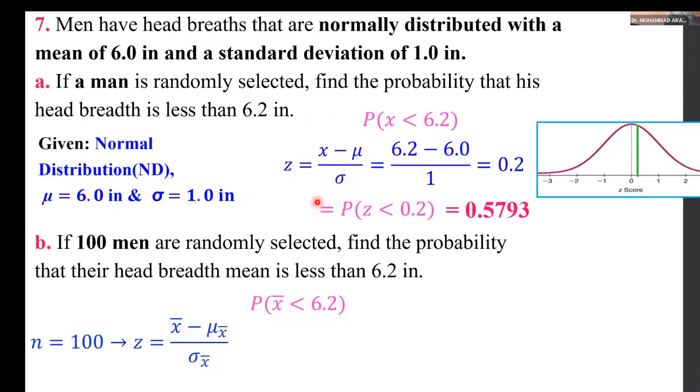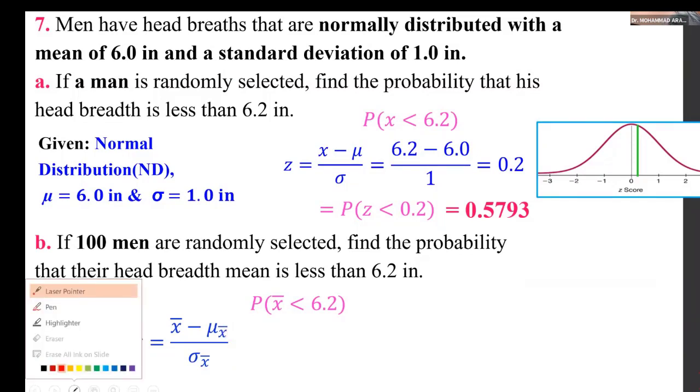I want you to pay attention to this. Z is x minus mu over sigma. Z is x bar minus mu of x bar over sigma of x bar. Mu of x bar, the mean of sample means in essence, is equal to mu. But sigma of x bar is sigma over square root of n.